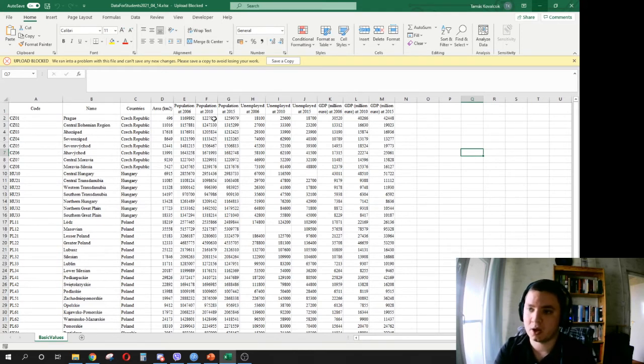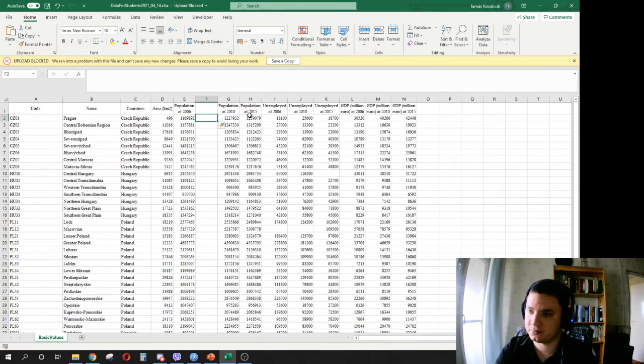First of all, we have to calculate the relative variables from the population, the unemployed people, and the GDP as well. So we have to calculate the population density, the unemployment rate, and the GDP per capita as well. Insert a new column.